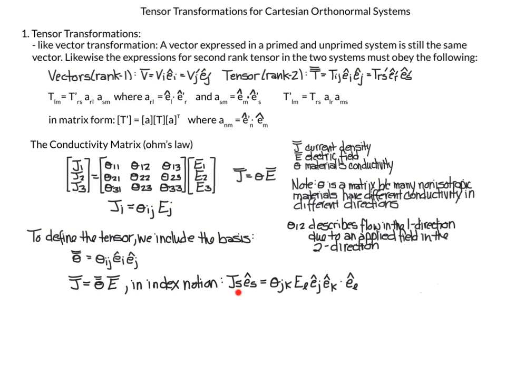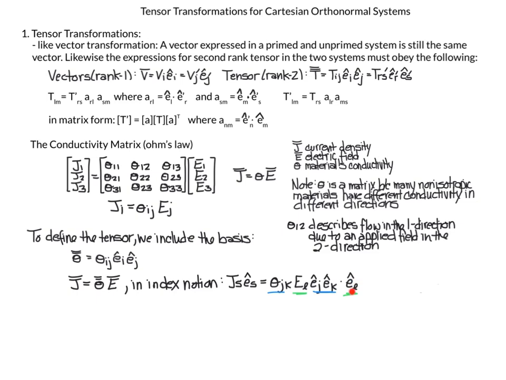And then converting this to index notation, I actually did a couple of steps here. So our J component in the x direction is equal to our conductivity tensor element sigma jk. And here are the 2 basis vectors that go with the conductivity tensor, e in the j direction, e in the k direction, and then I multiply times my electric field in the L direction.